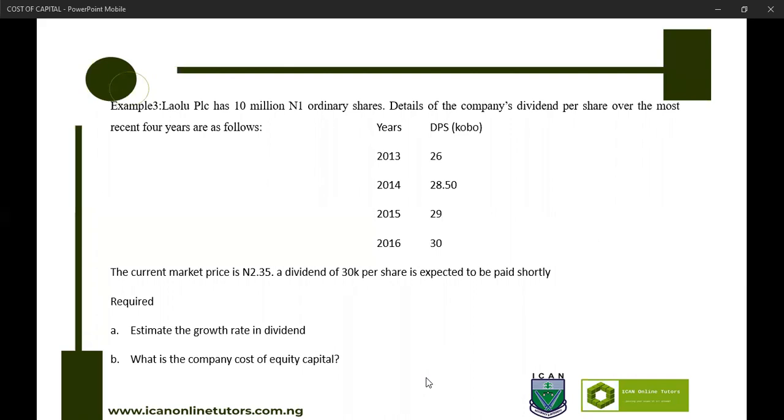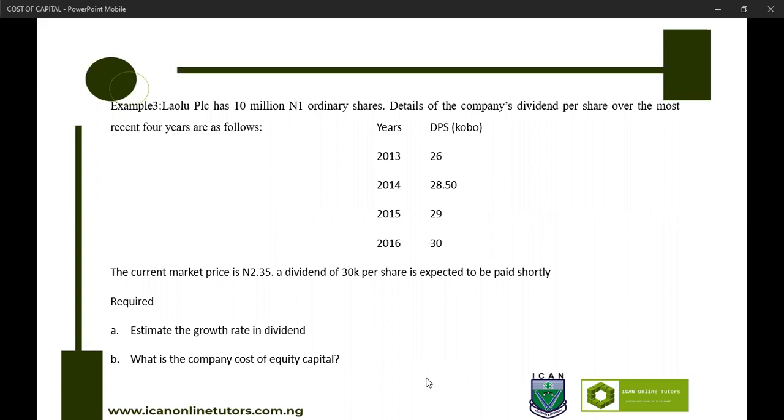Now let us look at this illustration. Before we move on to the solution, it is possible that the examiner will not ask us to estimate the growth rate in dividend. The examiner can just ask us directly to calculate the cost of equity capital.